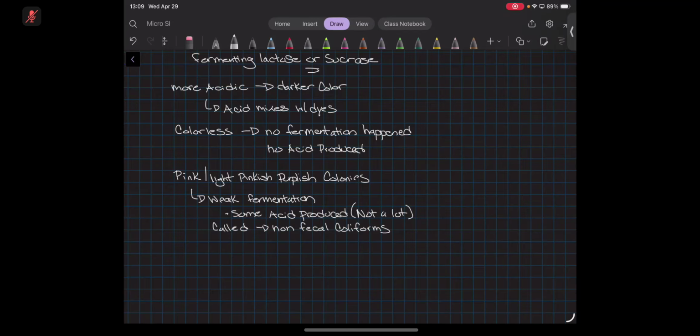Now, if you have dark purple or black colonies, that's a strong fermentation. And that means more acid was produced.